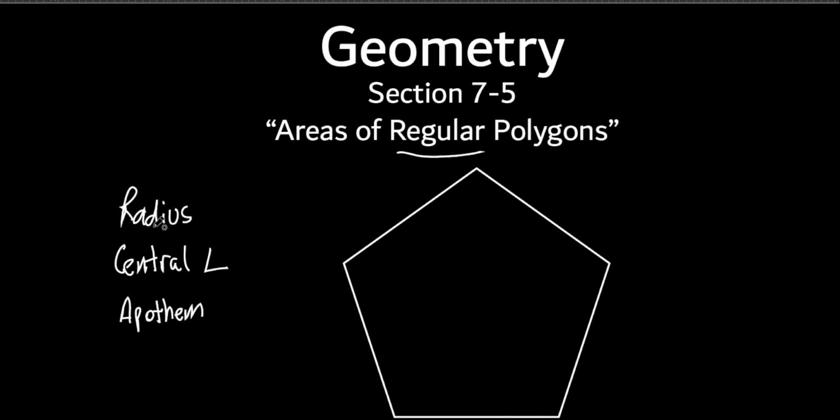You've probably talked about radius in other classes before you came in here in geometry. When did you talk about a radius, do you think? Circles, that's right. So if I had a circle, which we're not talking about today, but I think the next lesson we are, let me put a little dot right there. I'm just showing you the similarity between what you already know about a circle, and then we're going to relate it to this.